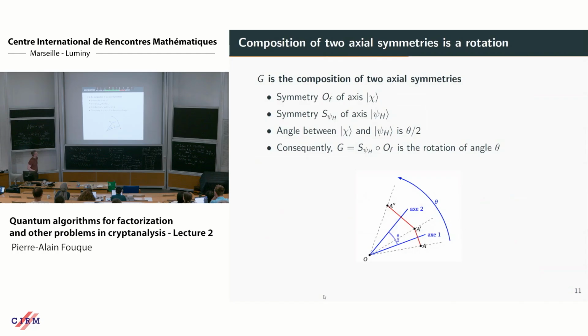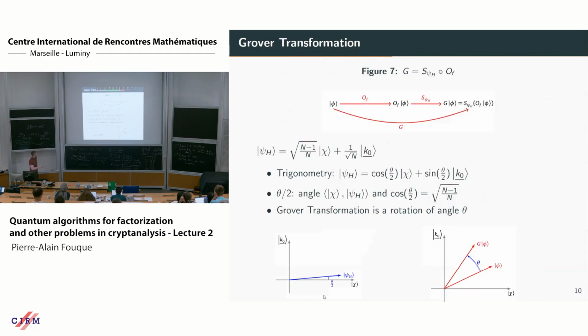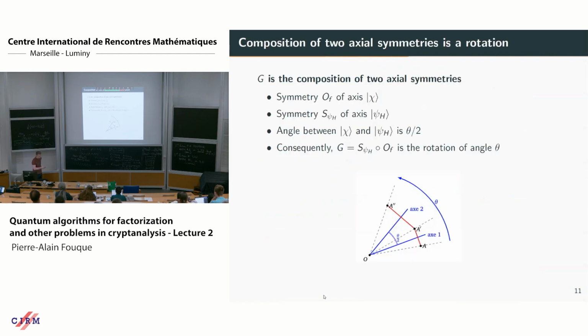That explains why, when I apply these two axial symmetries, at the end I have a rotation around some axis by an angle that is twice the size of the input angle.